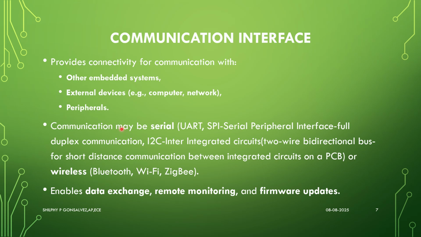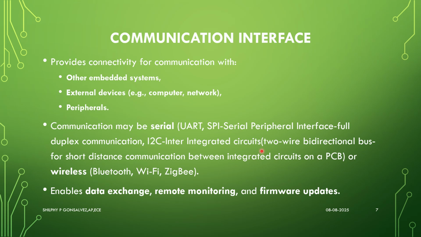Then what are the various communication interfaces which a typical embedded system has? It consists of UART, which is a serial interface, and I2C, which is inter-integrated circuit, a two-wire bidirectional bus for short distance communication on a PCB.